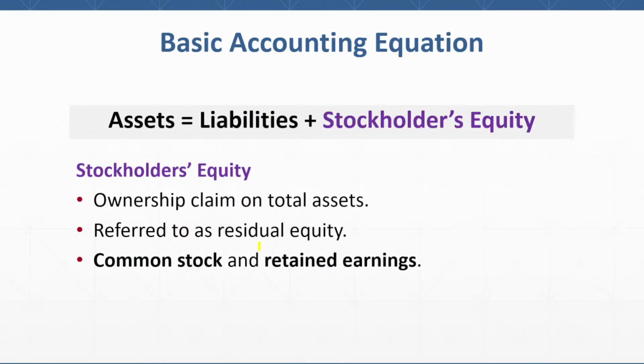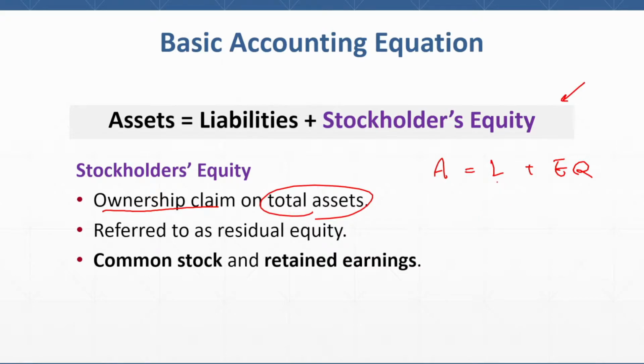The third component of our accounting equation is called stockholders' equity. Equity is an ownership claim, the investors' claim on our assets. Our accounting equation was assets equal liabilities plus equity, right?